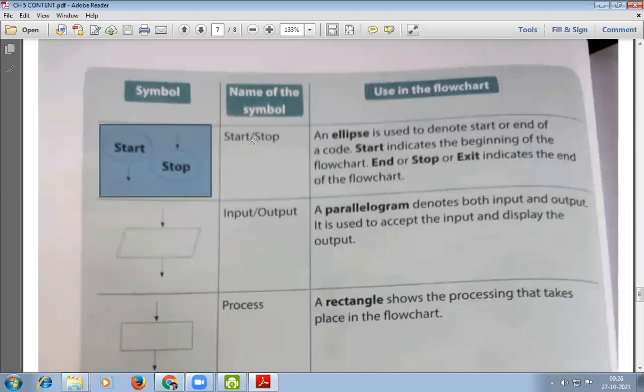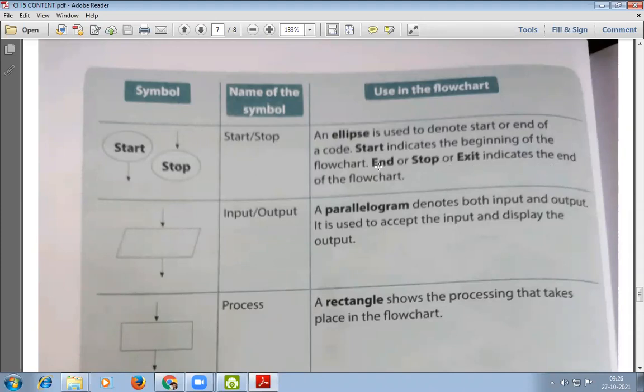Okay, this symbol is called start or stop. So in which case do we use this type of symbol? An ellipse is used to denote the start or end of a code. Start indicates the beginning of the flowchart. End or stop or exit indicates the end of the flowchart.